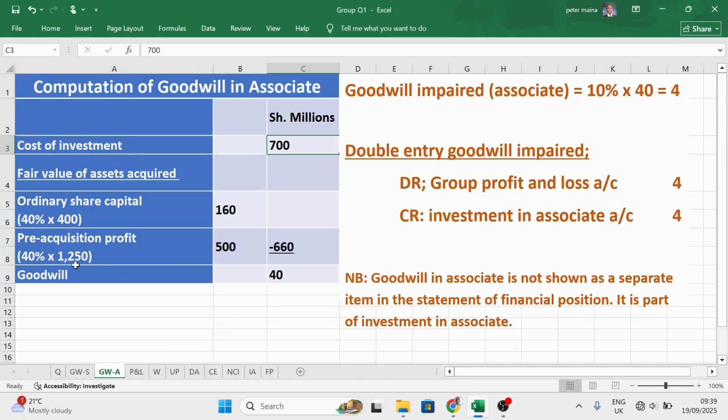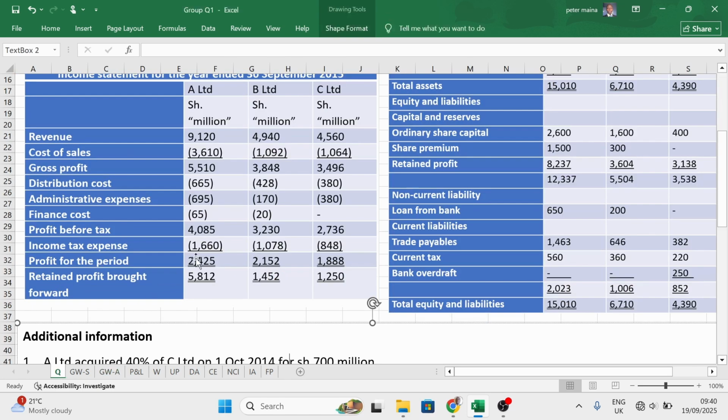So we just take this 1250 as the pre-acquisition profit. You multiply by the share of the parent, 40%. That is the one that gives you 500. So 160, you add 500, it will give you 660. 700, you deduct 660, you will get the goodwill is 40. And then the rate at which the goodwill is impaired is also given in the question.